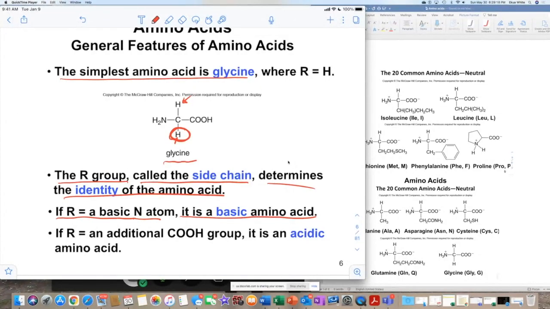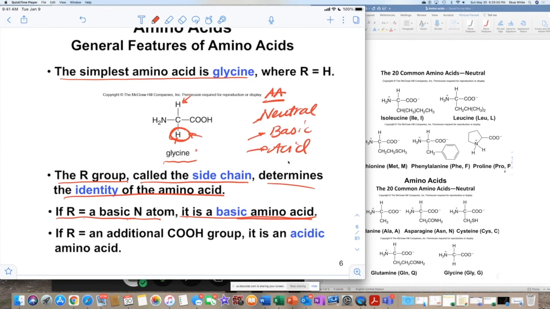For amino acids, we have neutral, we have basic, and we have acidic. It's the R group that will determine whether it's neutral, basic, or acidic.